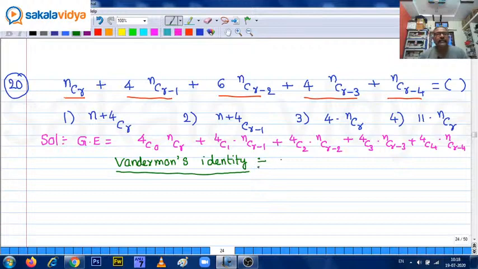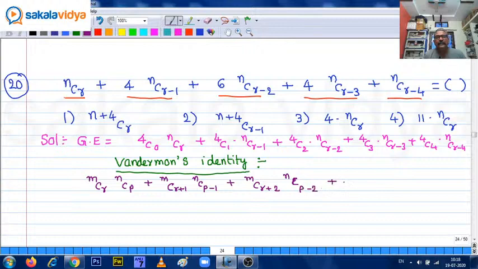It states that mCr·nC0 plus mC(r-1)·nC1 plus mC(r-2)·nC2 and so on equals (m+n)Cr.